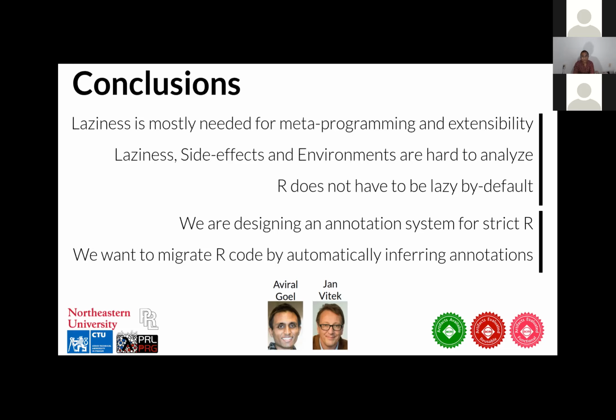R is one of the slowest dynamically typed languages, and it's much slower than Python. In our experience, when we were designing this JIT compiler for R, we observed that laziness is one of the major blockers. The idea is if we can remove laziness and show the users of R that by adding these annotations, by making your code strict by default, you can get a good performance boost, then perhaps they would be interested in having these annotations.